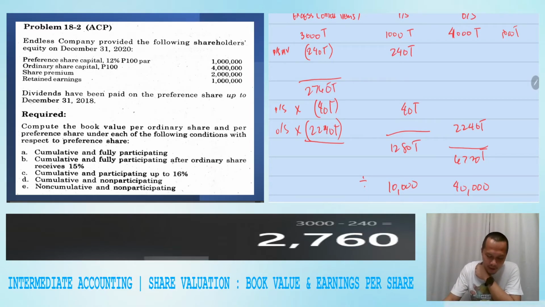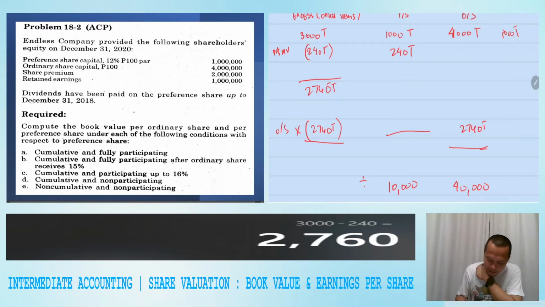But because it is non-participating, this 2,760,000 all goes to the ordinary share. So that is it.